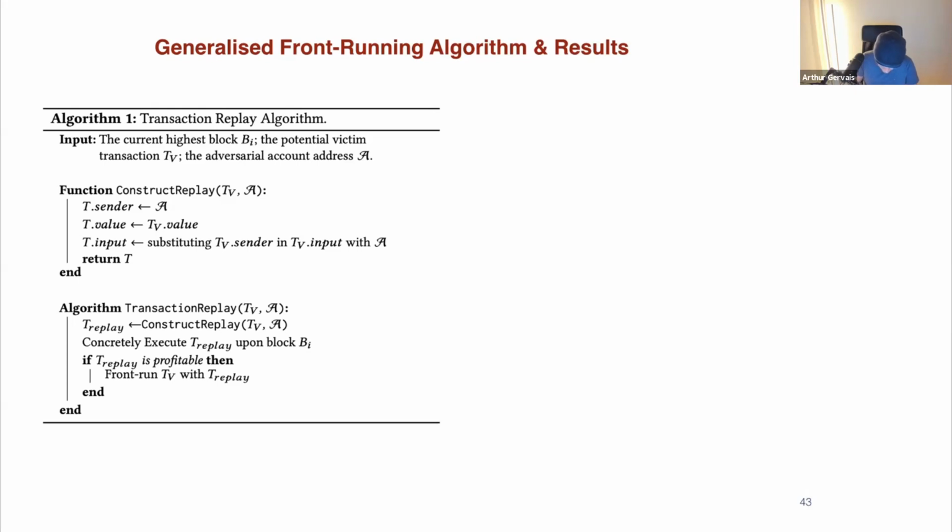The idea is very simple. It's a really naive algorithm where you basically just replace the sender with your adversarial transaction, and in the input you search whether there's the sender address, and you replace it as well with your adversarial address. So you do two replacements, and this is a fairly naive transaction replay algorithm.